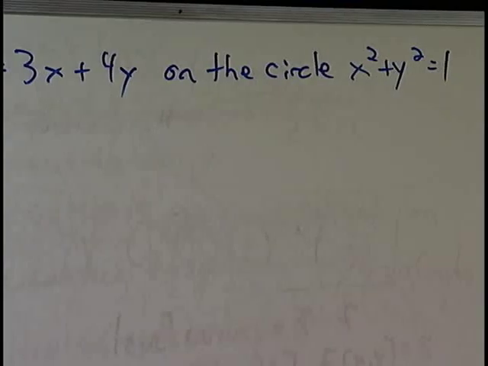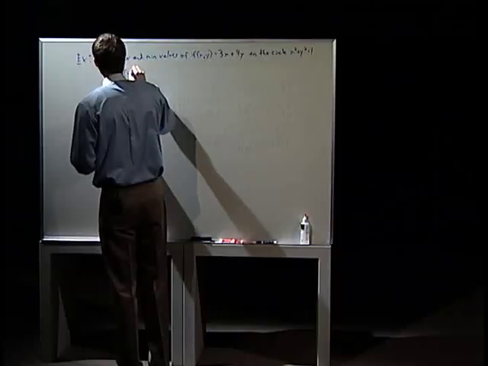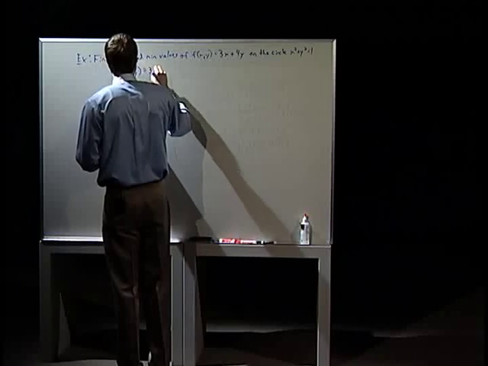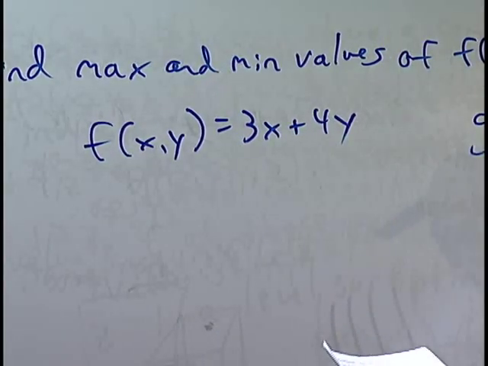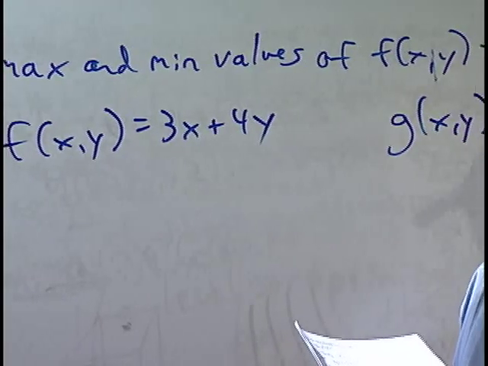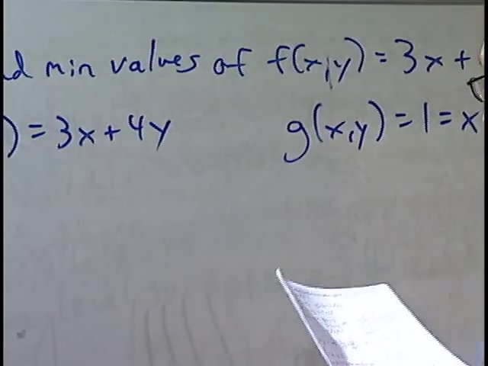Okay, so your function f is 3x plus 4y. Your g needs to equal 1, x squared plus y squared.